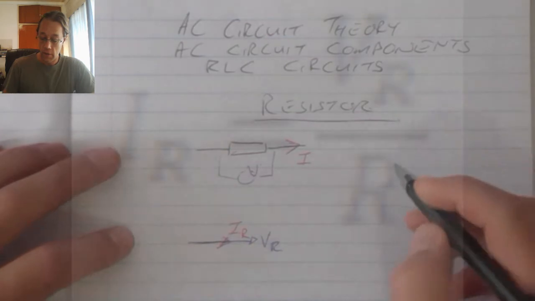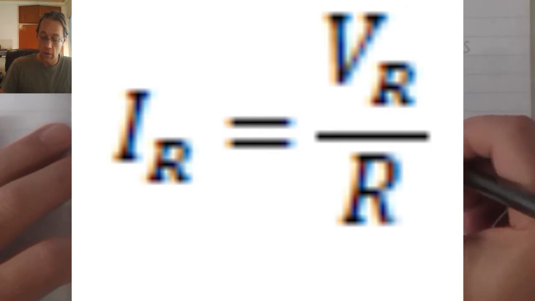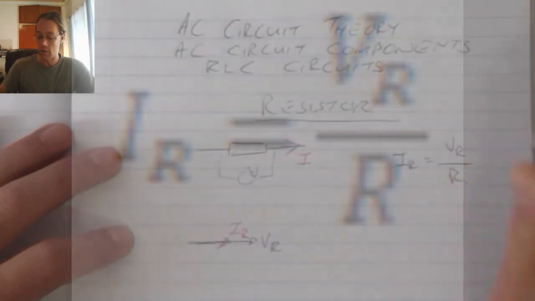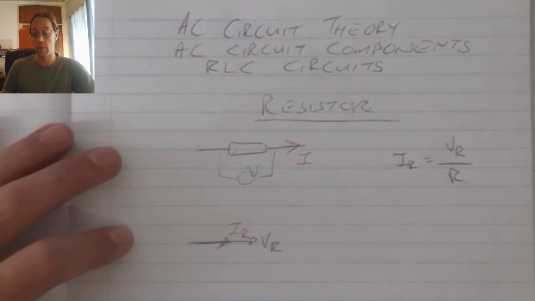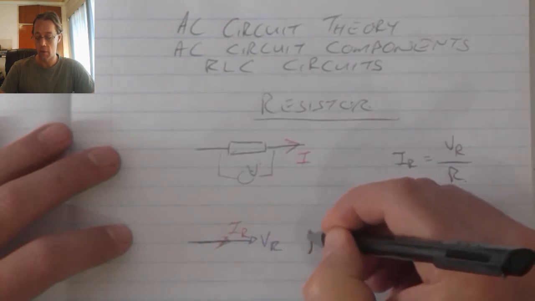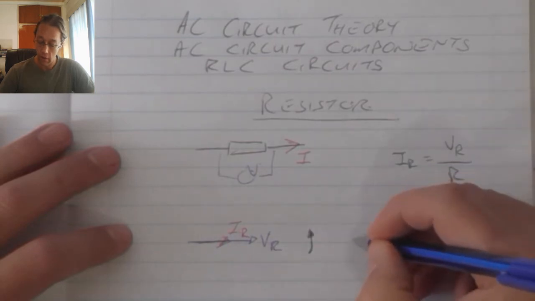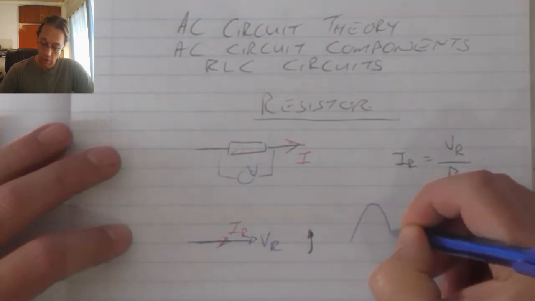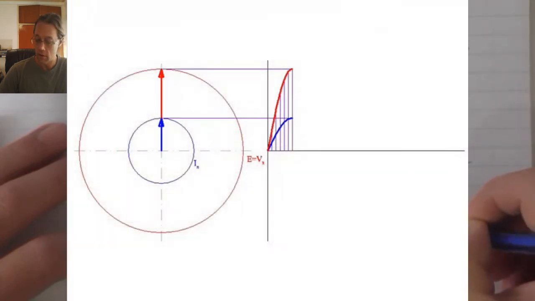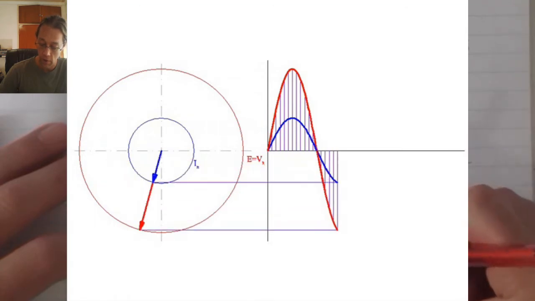Simple Ohm's law applies. IR equals VR over R. The size of the current flow through the resistor depends on the voltage across the resistor and the resistance of the resistor. We need to remember that our phasor diagram is a representation of what happens as it rotates, and we will see that as my voltage shows my sine wave, my current flow will also show a sine wave.